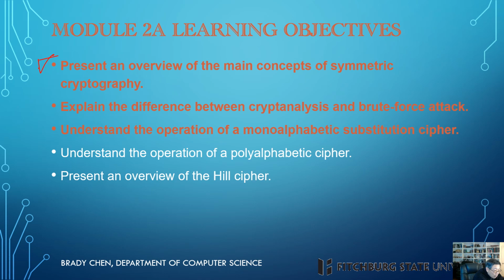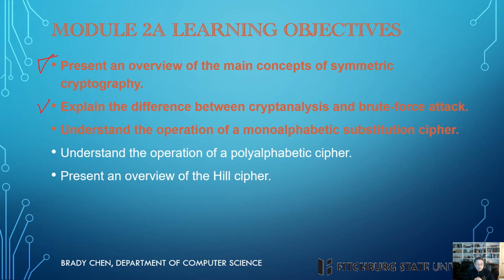Okay, and then we will also explain the difference between cryptanalysis and the brute force attack. Now, to break the encrypted message, an attacker will use some techniques. Okay. Now, brute force attack is to try all the encryption keys. Now, if the number of keys for the cipher is limited, in that case, you try all the possible keys and try to break the message.